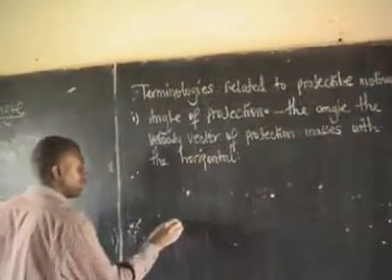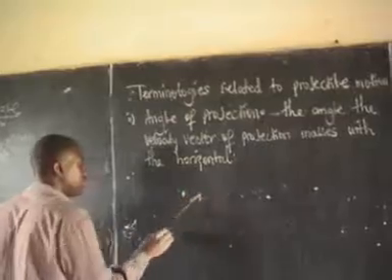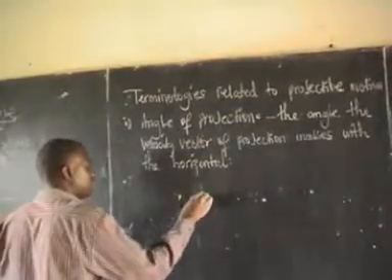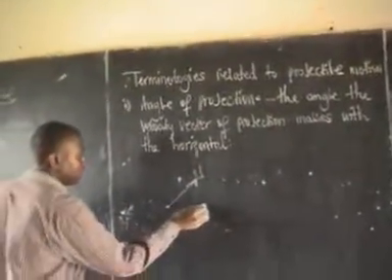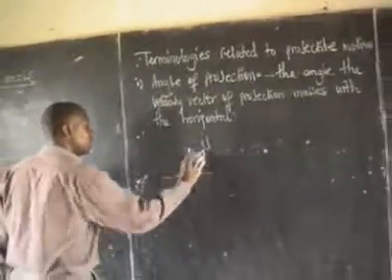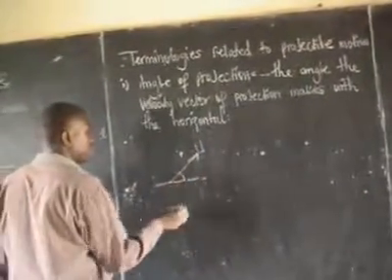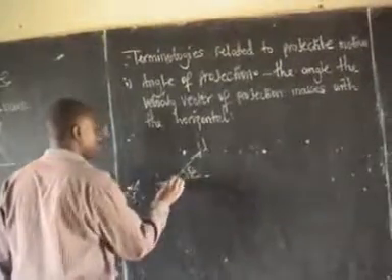So if a body is projected at that point with the initial velocity u, then the angle of projection is the angle this velocity vector makes with the horizontal.